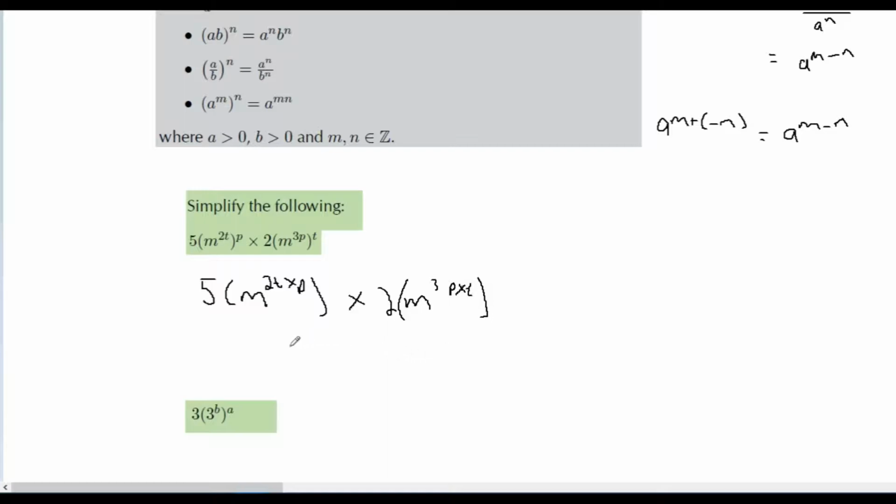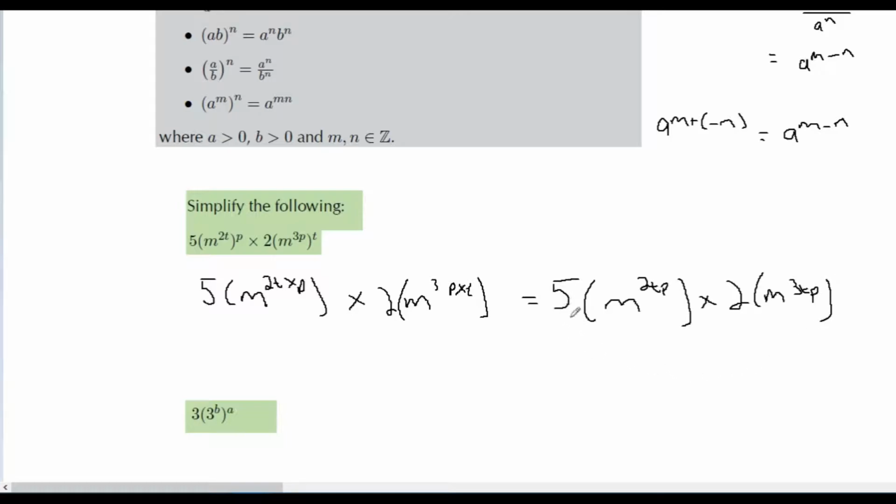So that becomes 5. I'll do this very slowly, not going to skip any steps. m^(2tp) multiplied by 2m^(3tp).